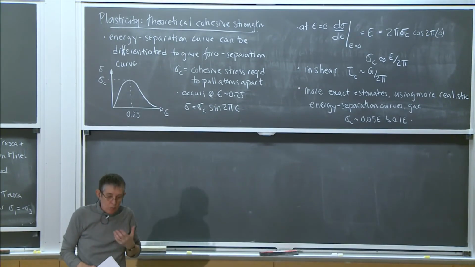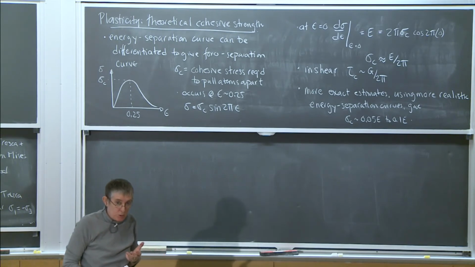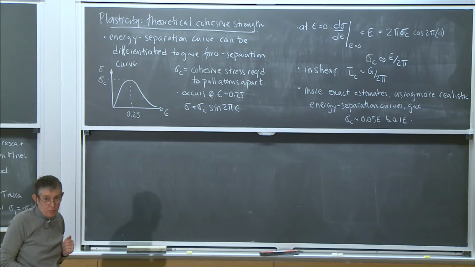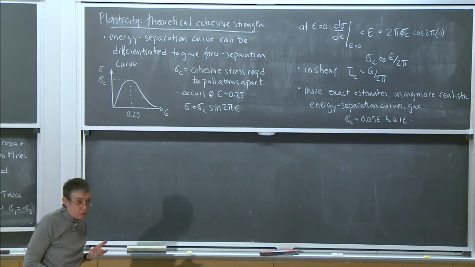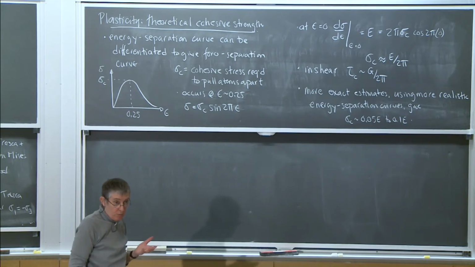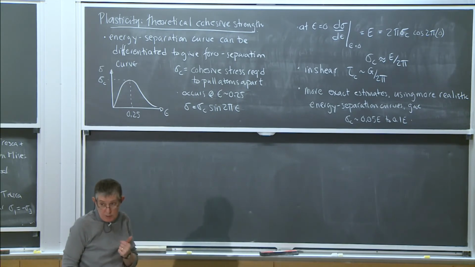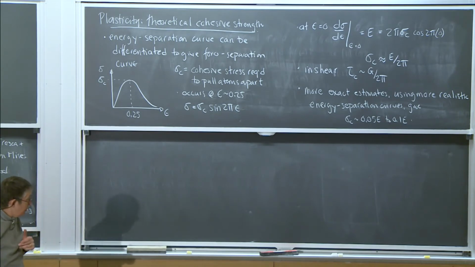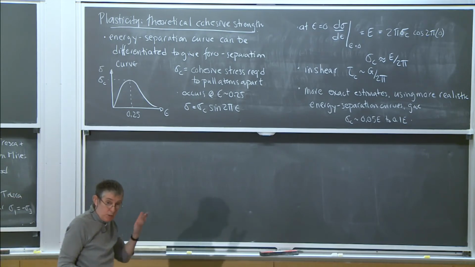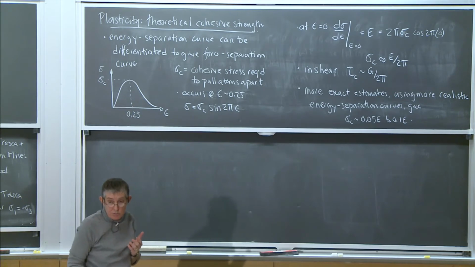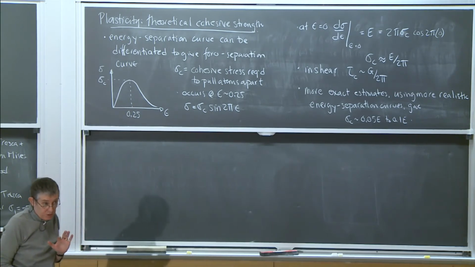And recall what we talked about earlier in class was that the yield strength typically occurred at a strain of 0.2%. So 0.2% means a strain of 0.002, and that means the yield strength would be 0.002 times the Young's modulus. So, 2 over 1,000 instead of a 10th or a 20th. There's a huge discrepancy between this theoretical shear strength or theoretical uniaxial strength and what people measure for a yield strength.